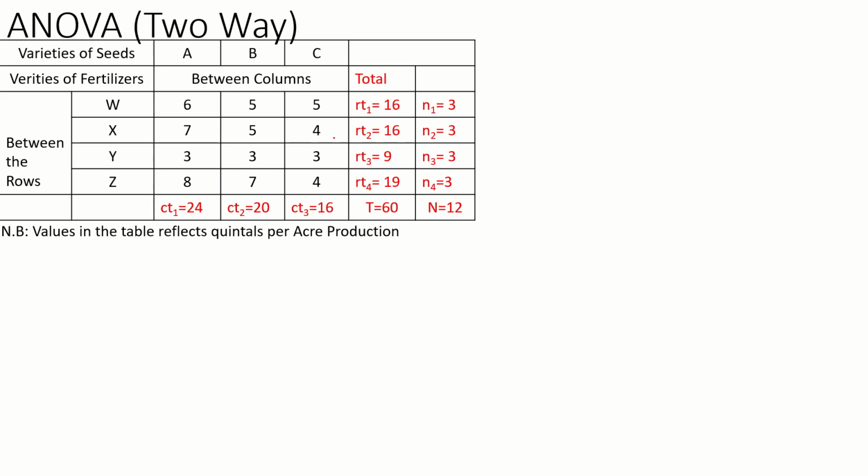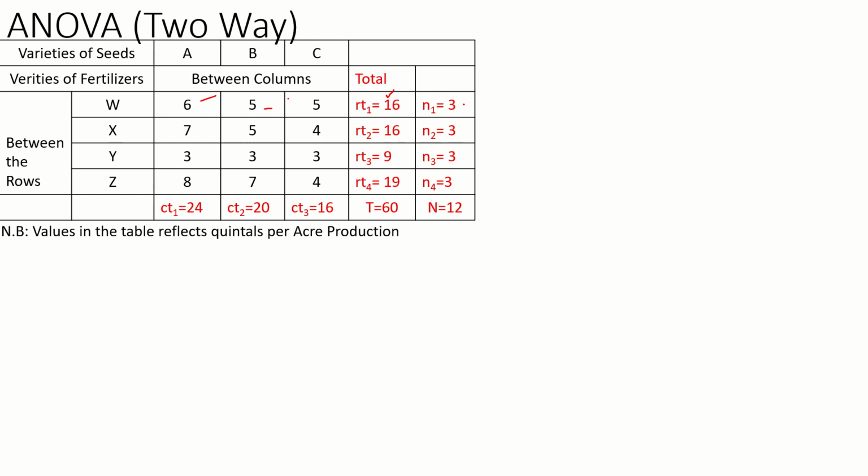So, this is exactly the case that we are going to use. This is the row total, which is 16. We have just taken the sum of 6 plus 5 plus 5, which is 16. Similarly, this is 16, 9 and this is 19. This is called n. N means number of values. This is one value, this is the second value, this is the third value.